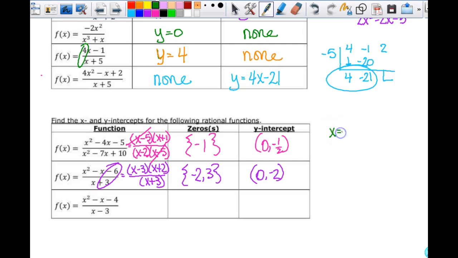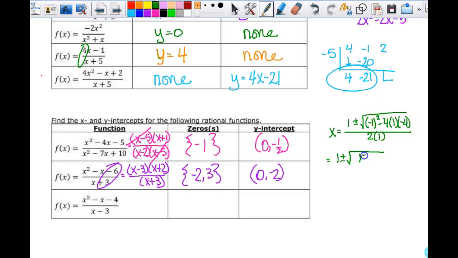So x equals -b, which would be a +1, plus or minus the square root of b squared, so that's -1 squared, minus 4 times a, which is 1, times c, which is -4, all over 2 times a, which is 1. So this gives me 1 plus or minus the square root. -1 squared is 1. This is going to give me a +16.